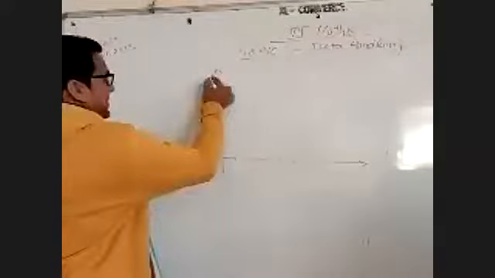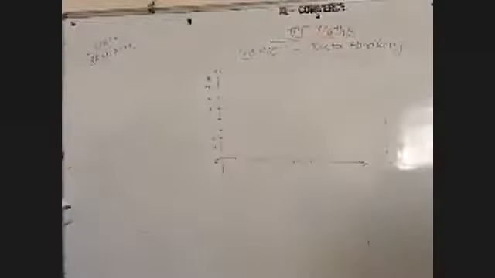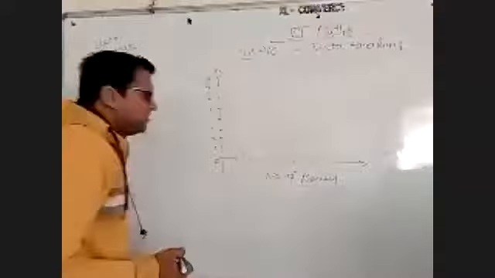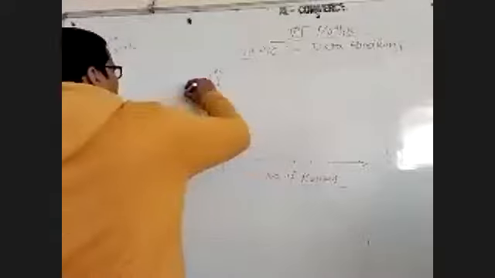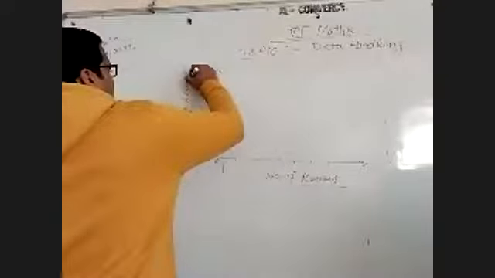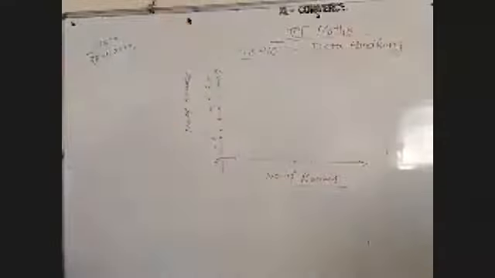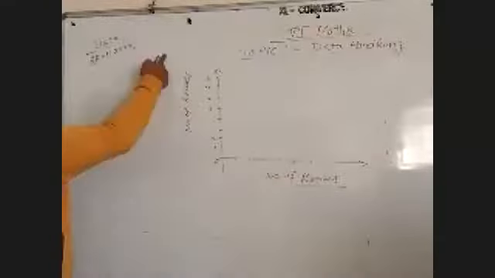You have to represent in this way. Now in the horizontal direction you have to take number of rooms, and in case of bar graph you have to always remember that in the vertical direction you have to take number of houses. In the horizontal direction, the other information that is given.